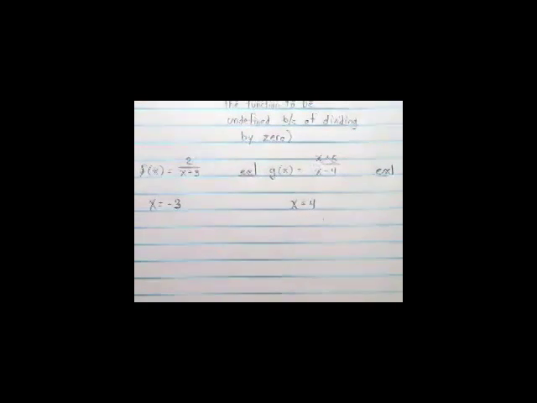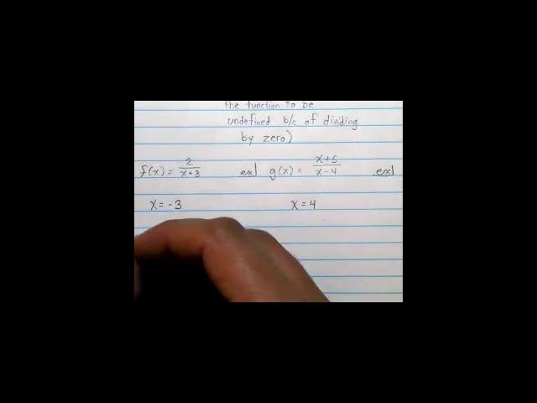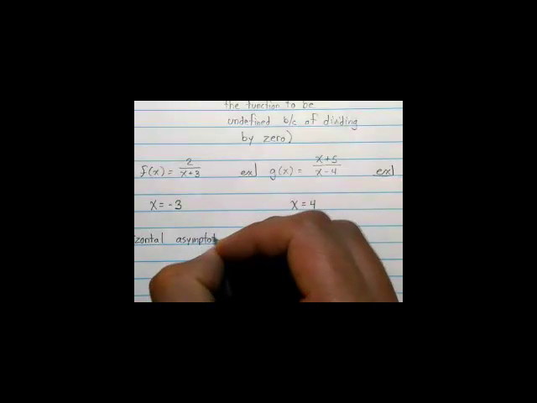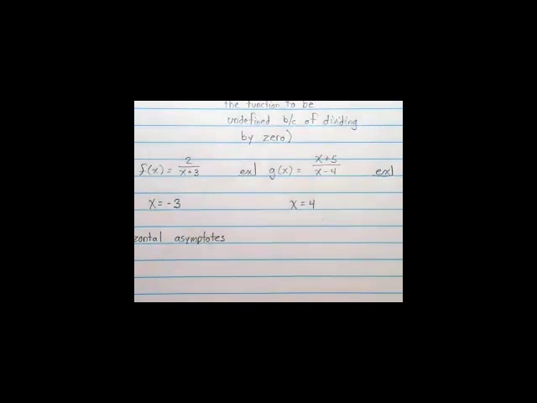are a little bit more difficult to identify. So we're going to spend a little bit of time talking about these. All right, so a horizontal asymptote is a value of y, okay? A vertical asymptote is a value of x.